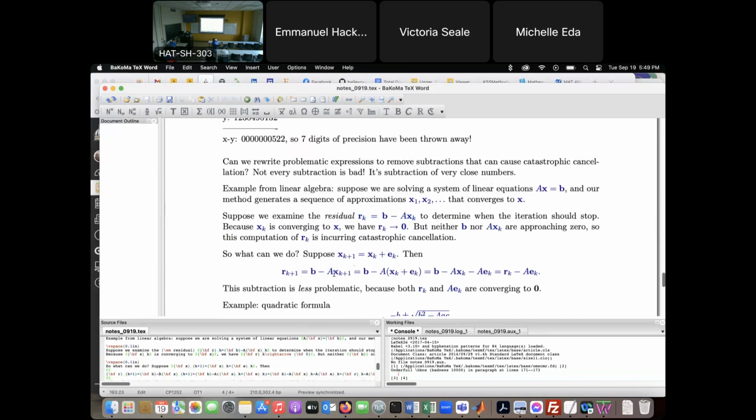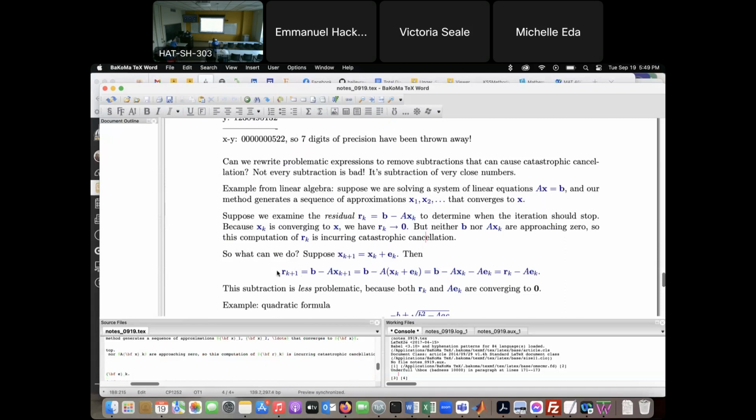But then I replace xk plus 1 with this formula, xk plus ek, and substitute that in here. Then I distribute the A through. So now I have b minus Axk, but this is rk. So now what I have is rk plus 1 is equal to rk minus Aek.